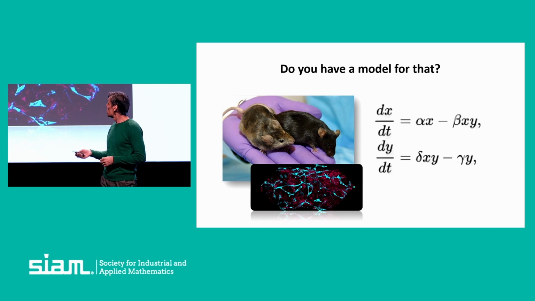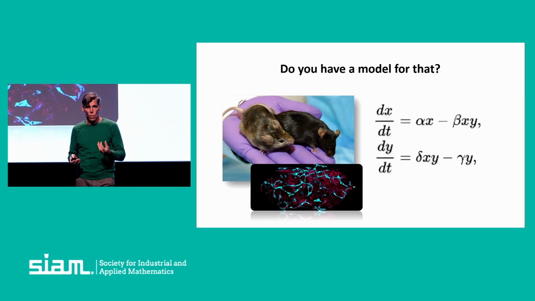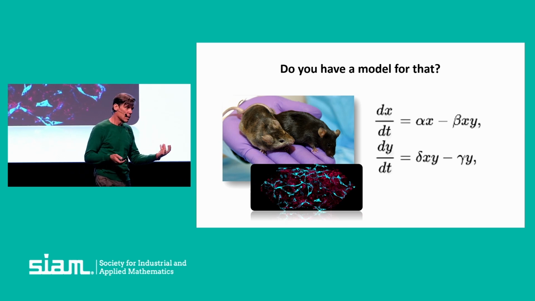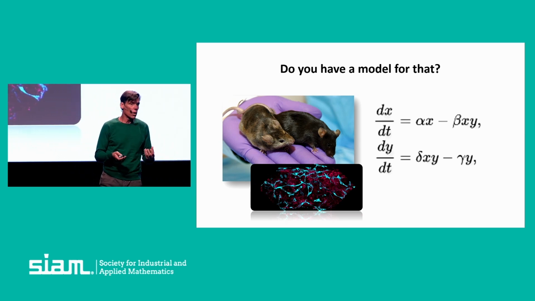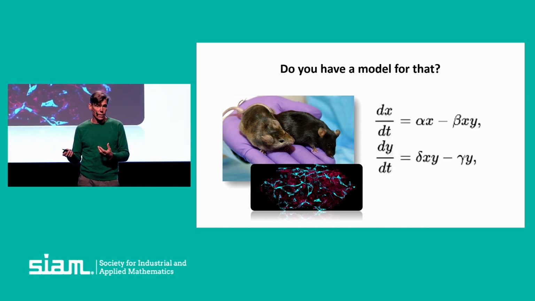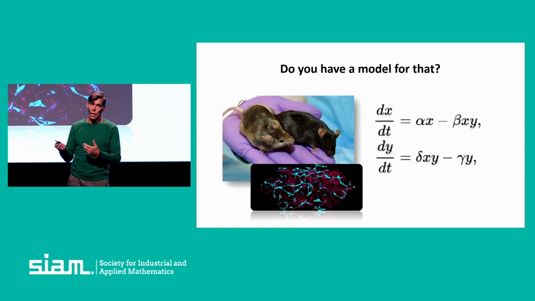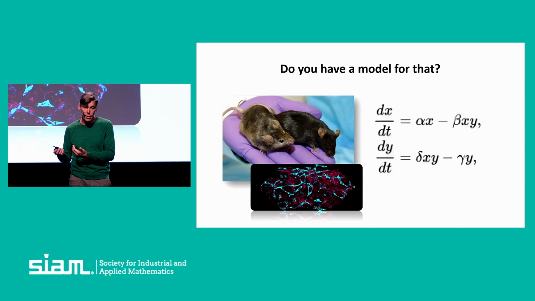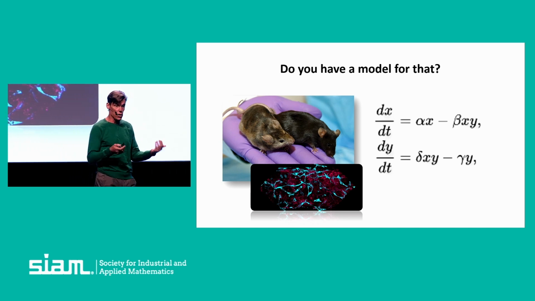And of course, more often than not, what works in a mouse does not work in a human. Sometimes it does, but more often than not, it doesn't. And on the other hand, you might imagine that things that we stop because it does not work in a mouse might have worked differently in a human.